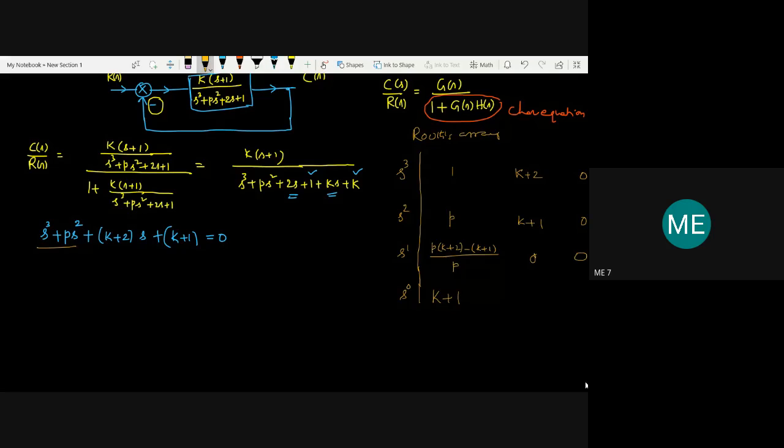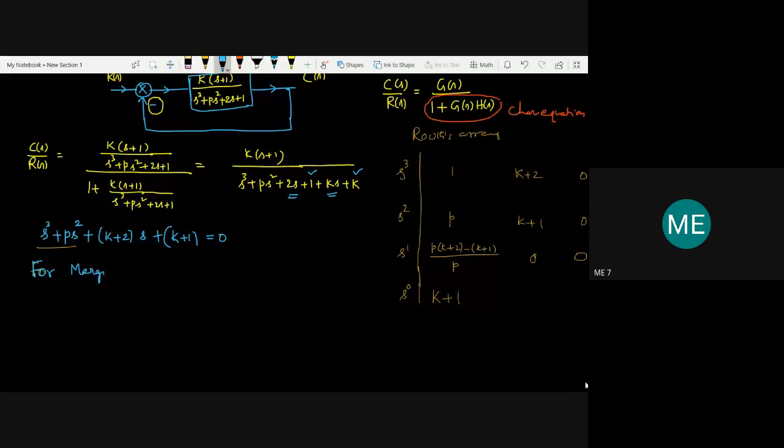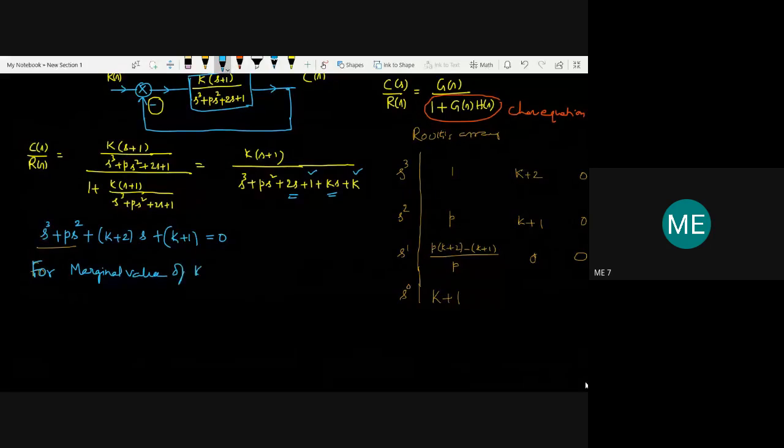So now this is the value in the first column elements. From the first column elements, if I want to find out the marginal value of k, there should be existence of a row of zeros. See here, a very important point. For a marginal value of k, there should be existence of a row of zeros.